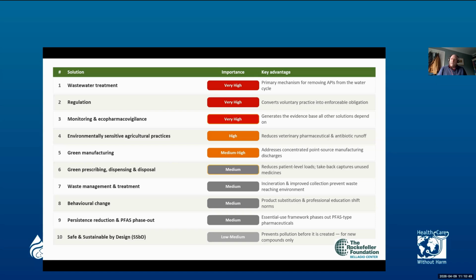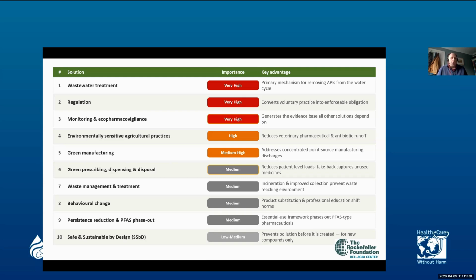And then I worked to begin to rank them in terms of how important they would be in terms of impact on the levels of pharmaceuticals and the impacts of pharmaceuticals globally. At the top of the table, we have the most important solutions from that exercise.